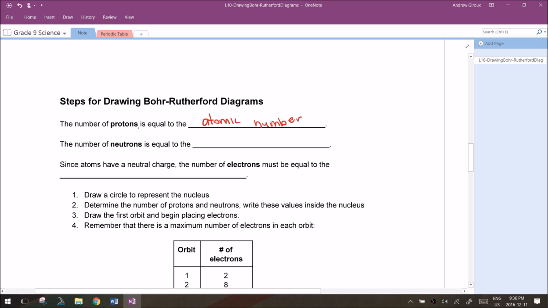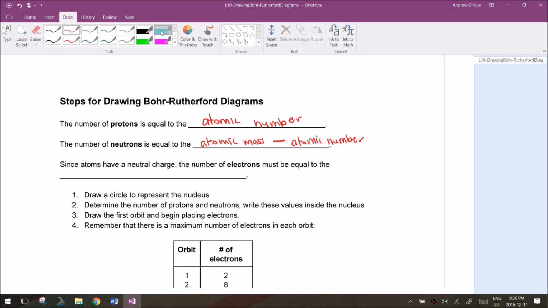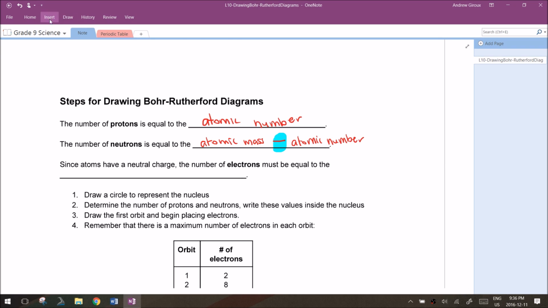The number of neutrons is equal to the difference between the atomic mass and the number. So it's equal to the atomic mass minus, or subtract, the atomic number. So just keep in mind that this is a subtraction sign here, okay?